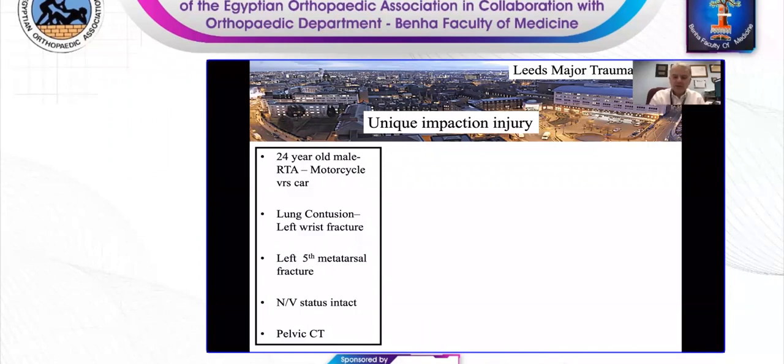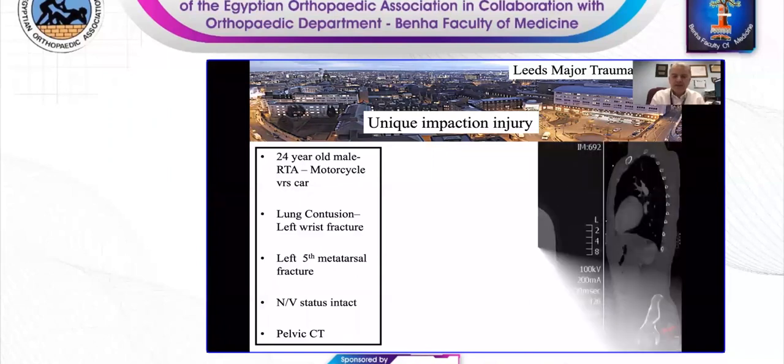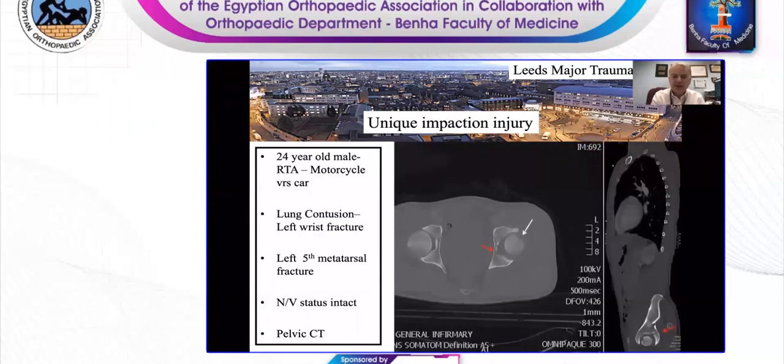He underwent the trauma CT scan, and you can see here his trauma CT that demonstrated, where the white arrow is, a fracture to his femoral head and also a fracture to his acetabulum, which on the sagittal cuts appears to be a fracture of the posterior column.